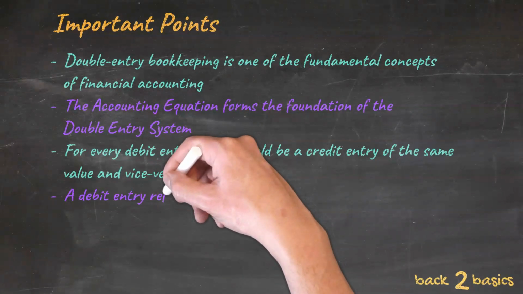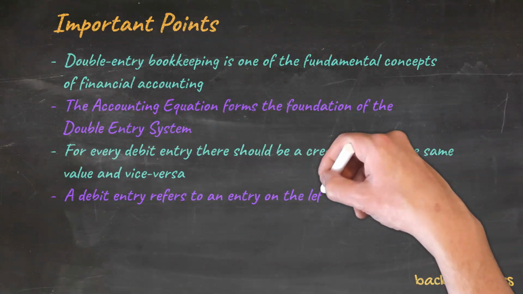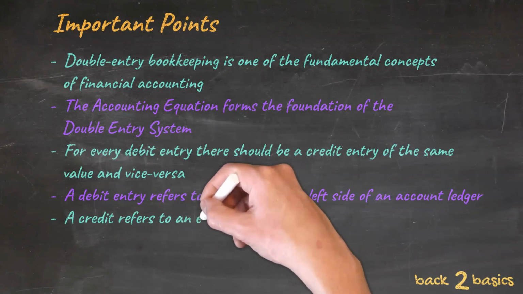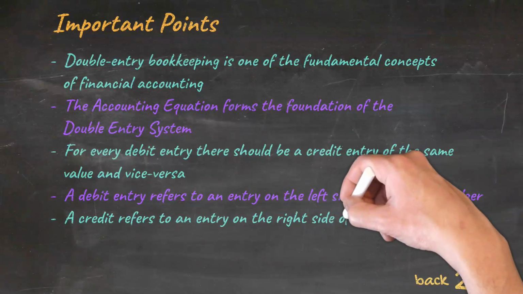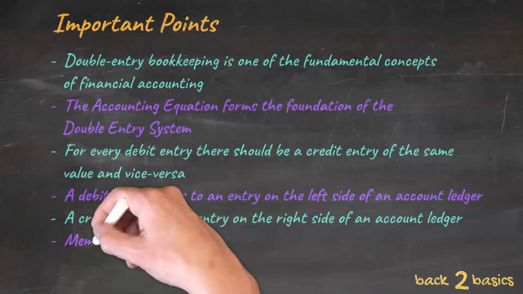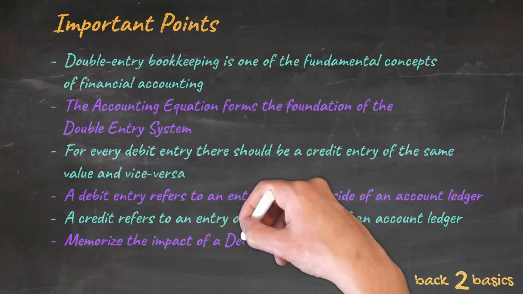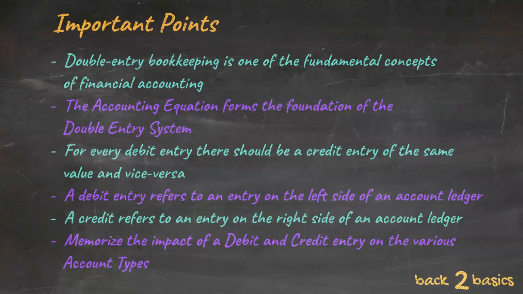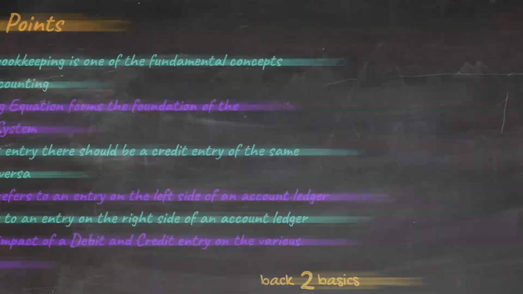A debit entry refers to an entry on the left side of an account ledger. A credit refers to an entry on the right side of an account ledger. And lastly, memorize the impact of a debit and a credit entry on the various account types.